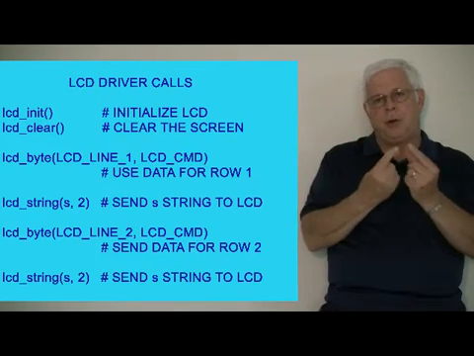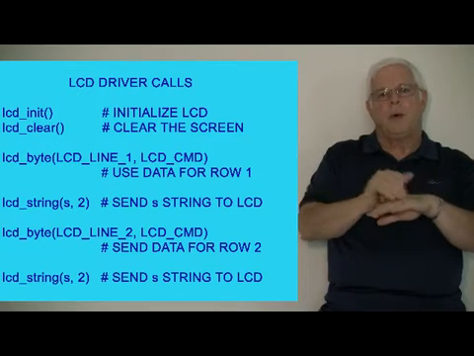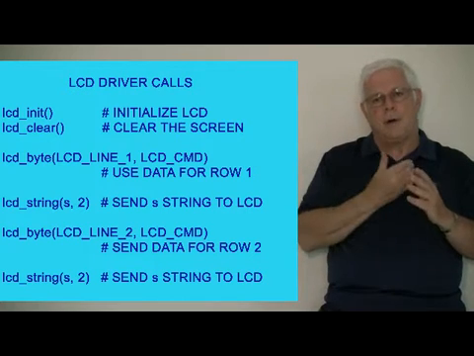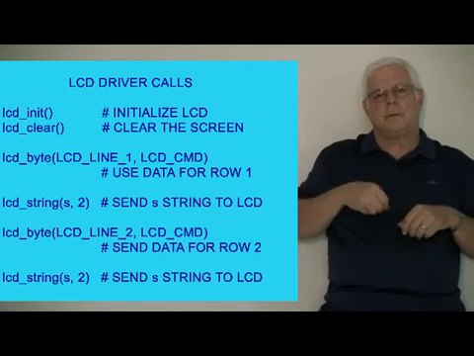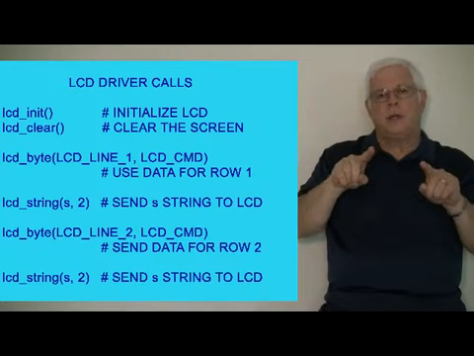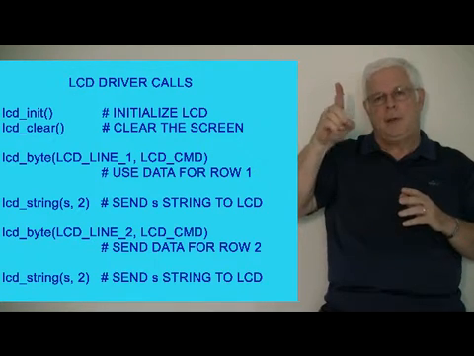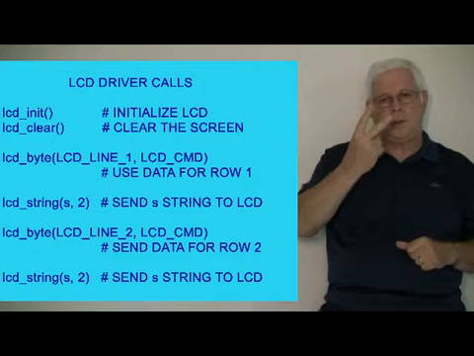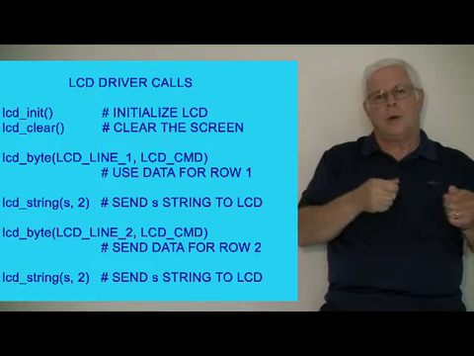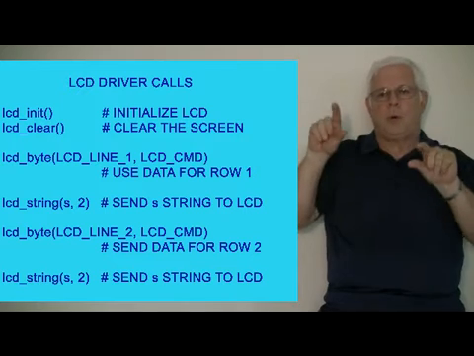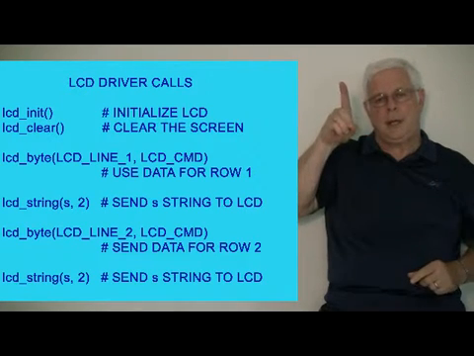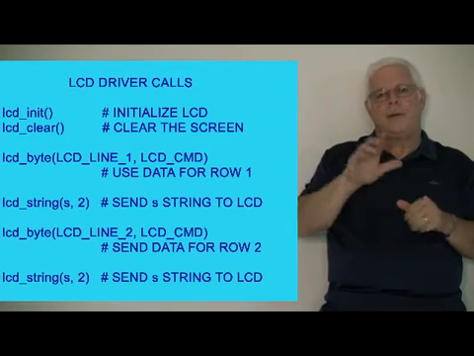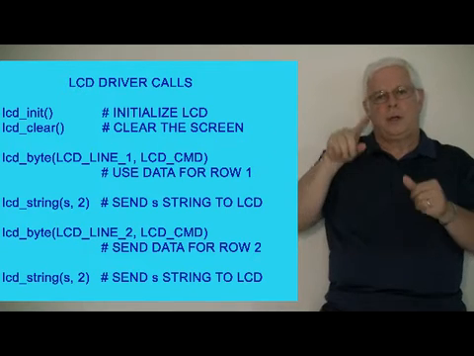These are the 3 groups of subprogram calls we're going to be using to control the LCD. Now at the start of our program, we're going to send 2 commands to initialize the LCD, and those 2 are shown right here. And then the next 2 are used to control and send the first row to the LCD, and then the last 2 are used to send the second row to the LCD.